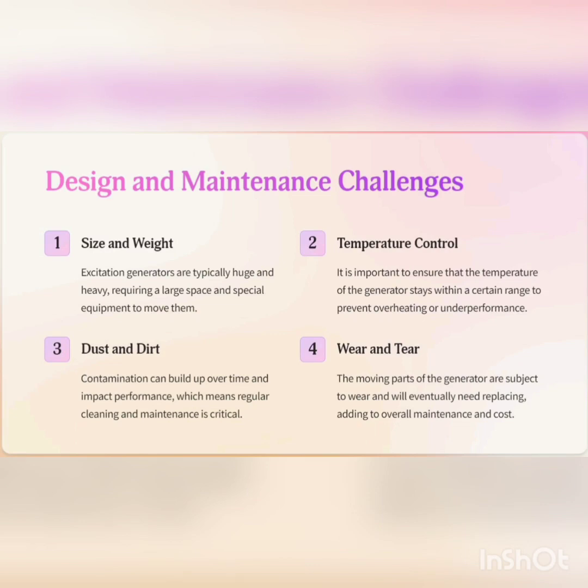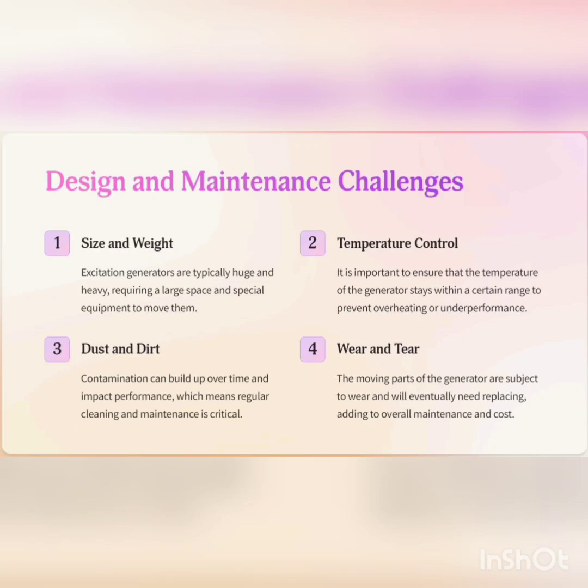Other obstacles such as wear and tear due to a lot of moving parts will add to the overall cost of maintenance for the equipment. Preventive maintenance also needs to focus on the build-up of contamination such as dust and dirt, which can impact the generator performance.